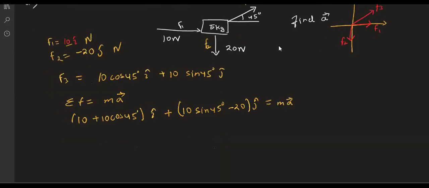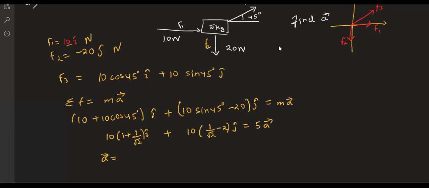Now 10 plus 10 cos 45, take 10 common: 10 times (1 plus 1 by root 2) i cap, plus, taking 10 common from here, (1 by root 2 minus 2) j cap is equal to 5 into acceleration. Now acceleration is equal to this whole thing divided by 5. The k component is not there, right?